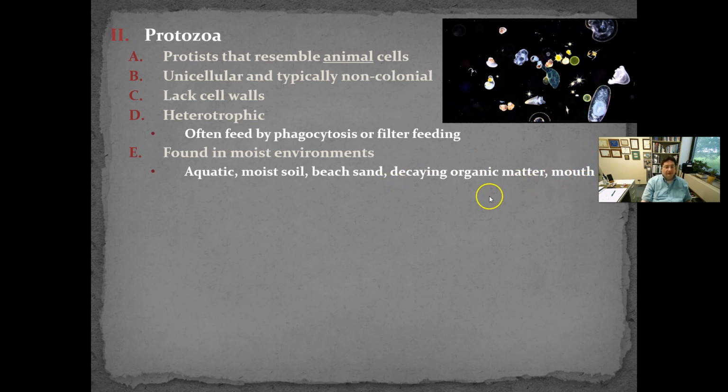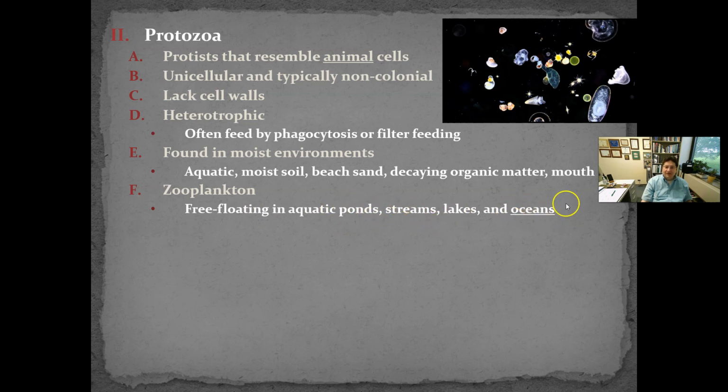Remember, some protists can be part of your normal flora. In the oceans, we call protozoans zooplankton. These are free-floating in ponds, streams, lakes, and particularly the ocean. So in larger bodies of water, these protozoans are known as zooplankton.